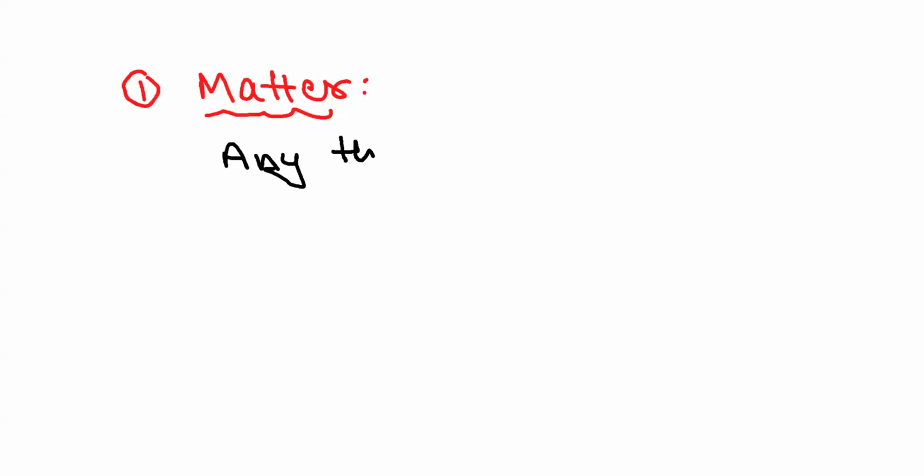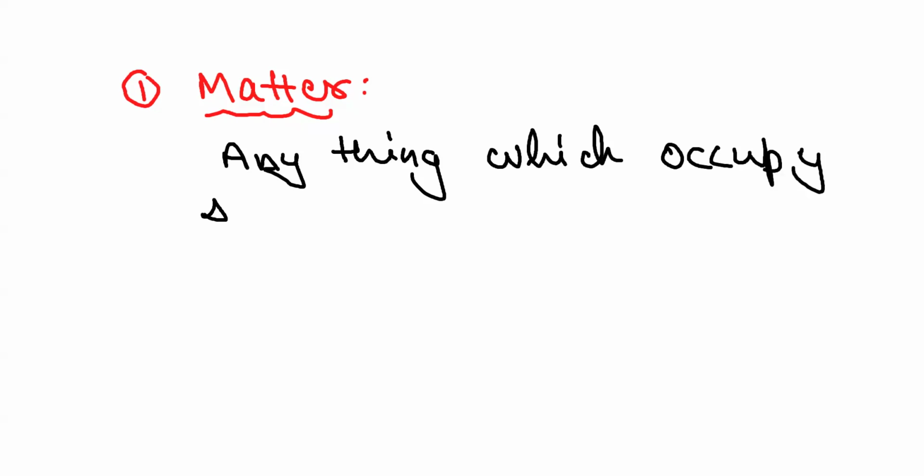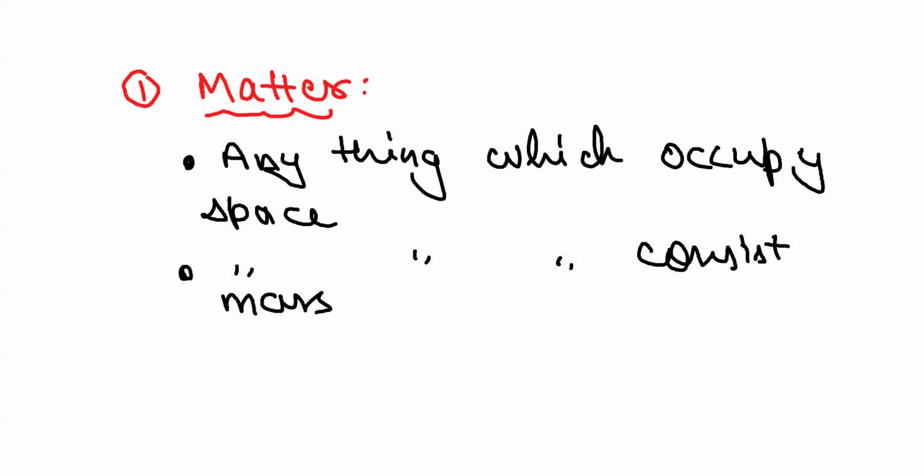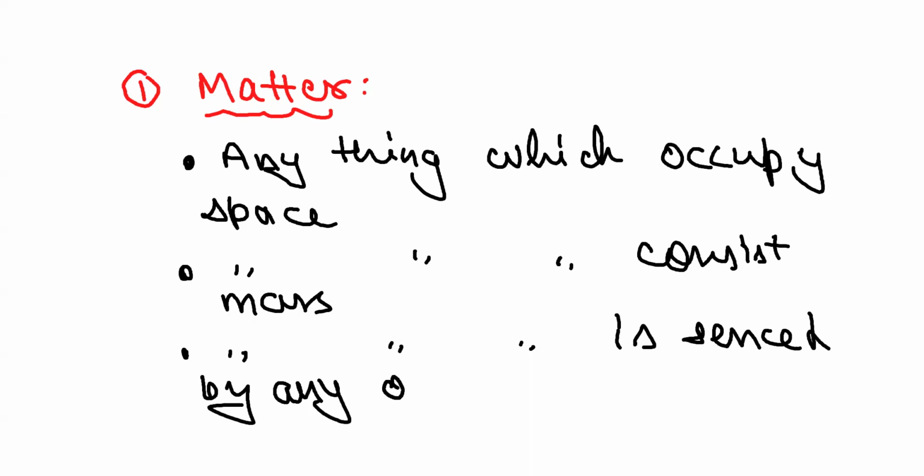Anything around you, your pen, your paper, your juice, anything which occupies space, or anything which consists of mass, or anything which is sensed by any one or more human senses.